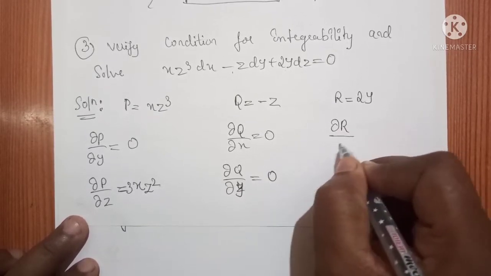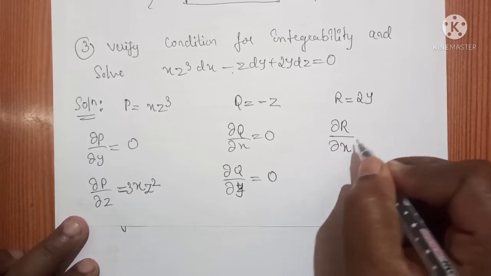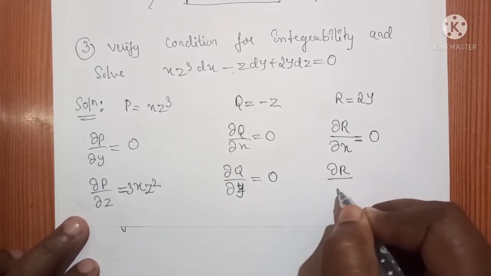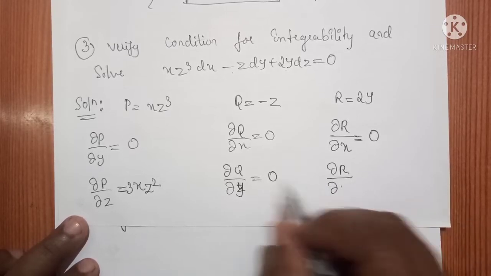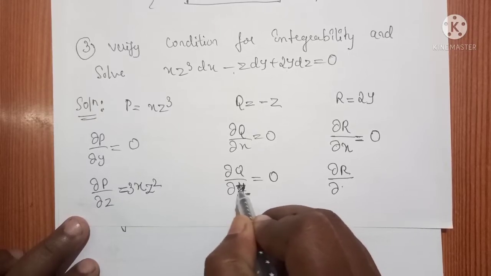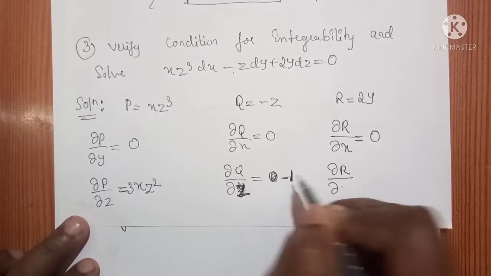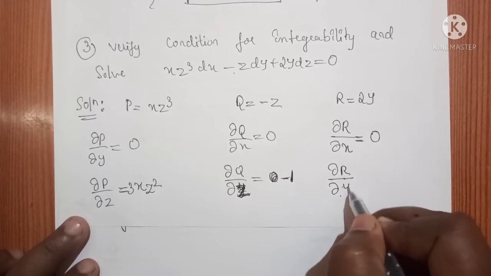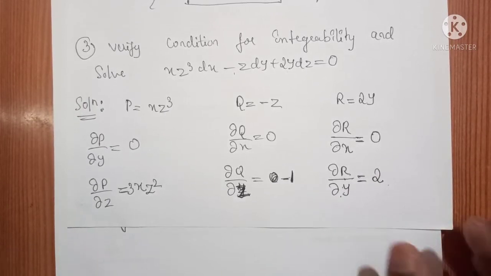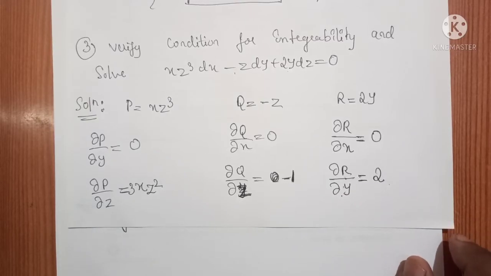Dou R by dou x we get 0. Here we have to find dou Q by dou z, which is minus 1, and dou R by dou y is 2. Now we verify the condition for integrability.